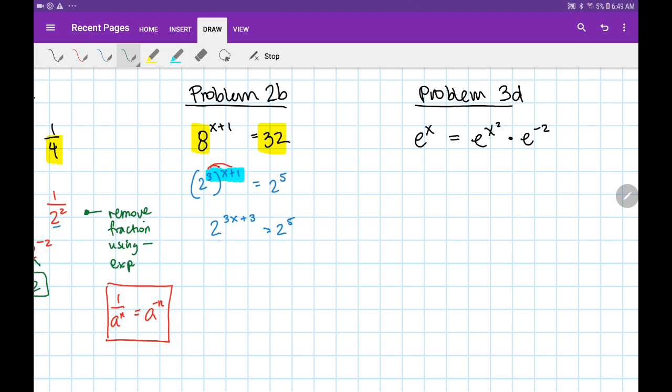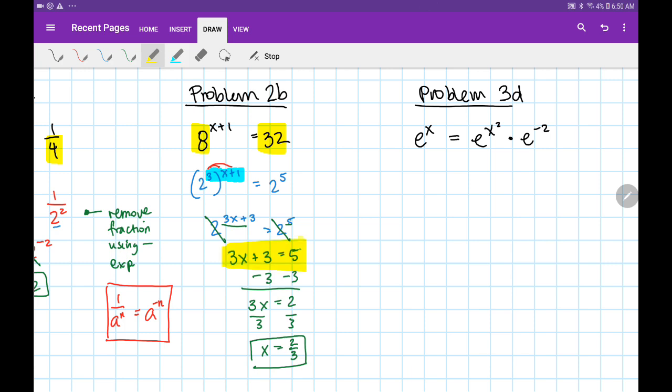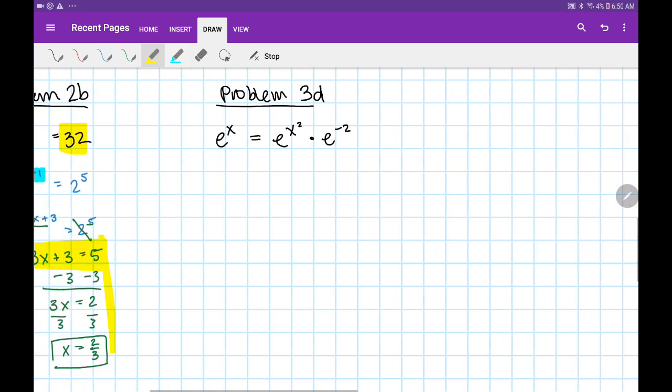Next step, I'm glad that my bases are equal, so I can now ignore them and set my exponents equal to each other. 3x plus 3 equals 5. Solving for x, I'll get 3x equals 2. And in my final step, I'll have x equals 2 over 3. So once I got to this step here, it was all basic algebra to the end. Let's start with our third problem.